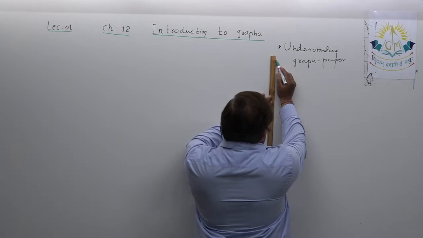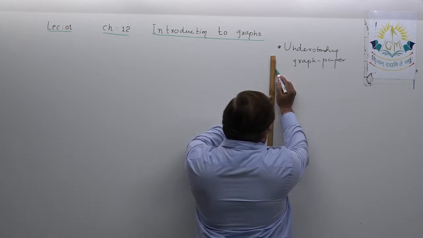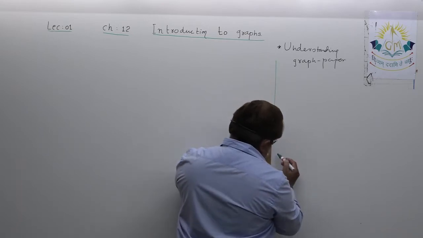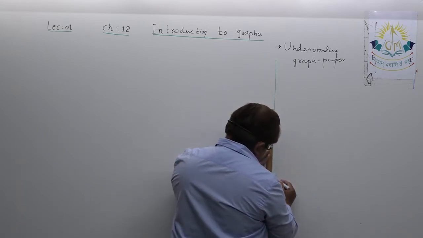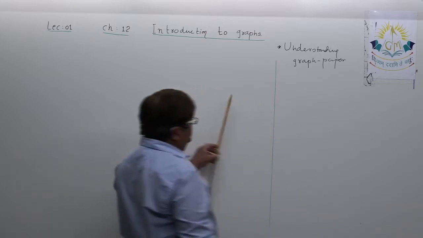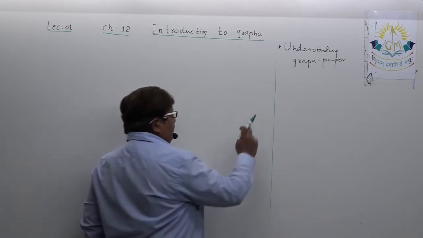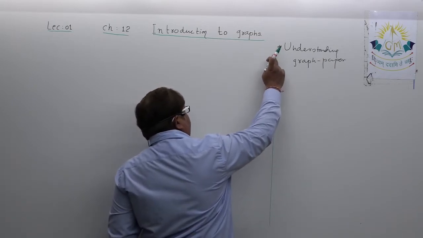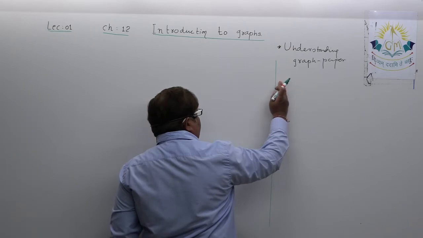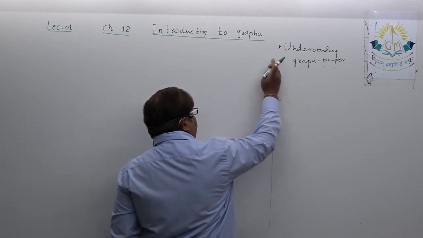Okay, suppose I draw one line here, right? So one line. You have the graph paper where you will see the green part and the rest is the white part. You do not have to concentrate on that.